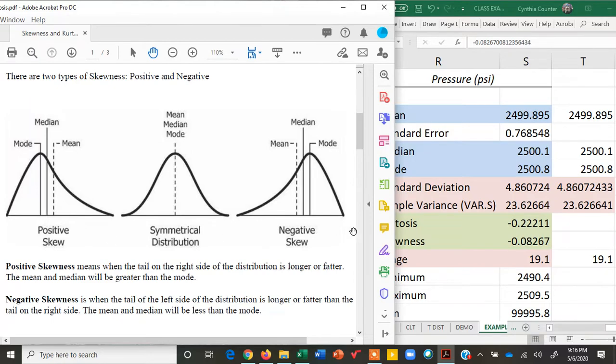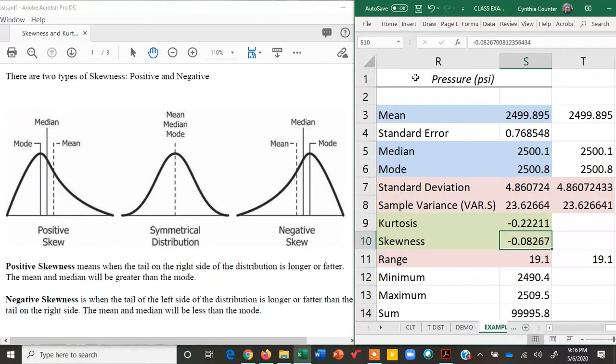If you look over here at our data analysis output, our summary statistics, we show a skewness very slightly negative, really tiny, 0.08. This would actually be considered relatively symmetric.